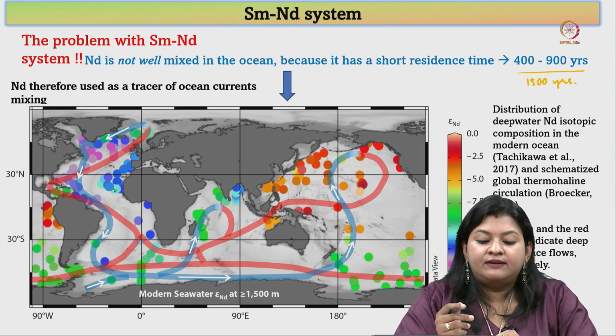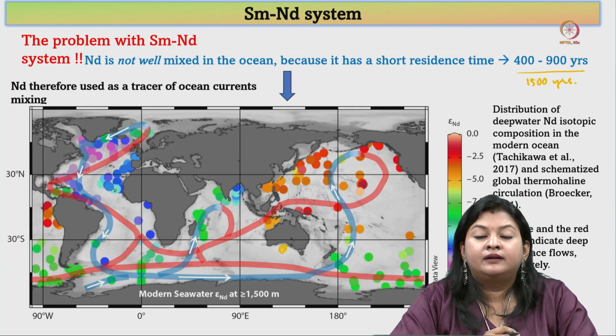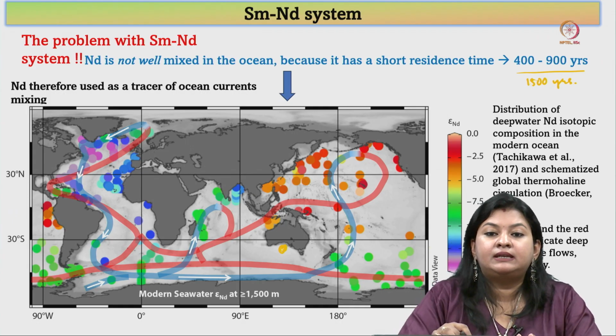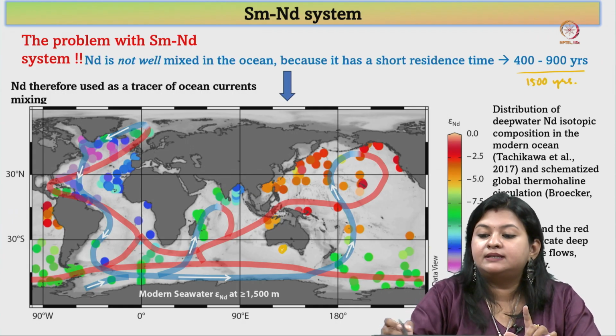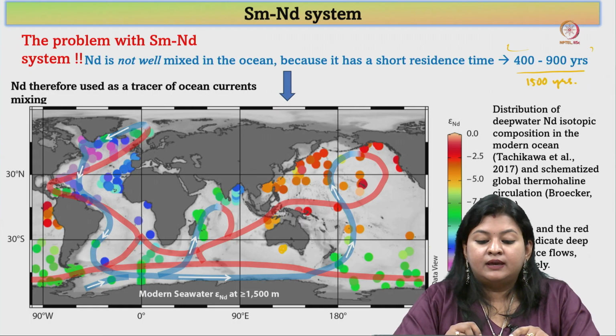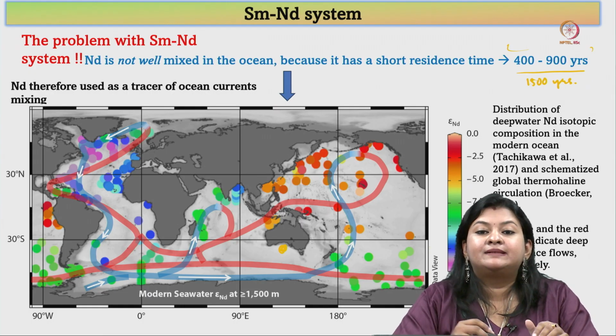So, if there is a particular event happening near the Australian coast, that will not get mixed immediately, that is, within the residence time of neodymium, as the water gets mixed.